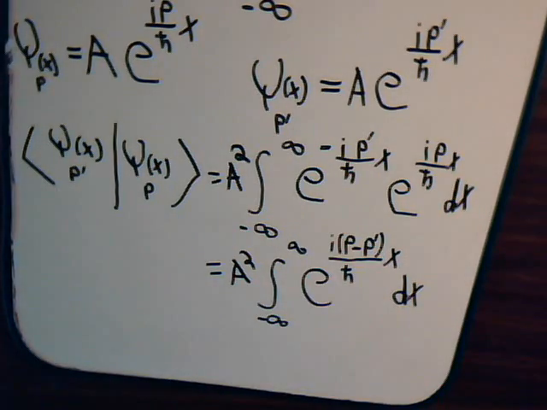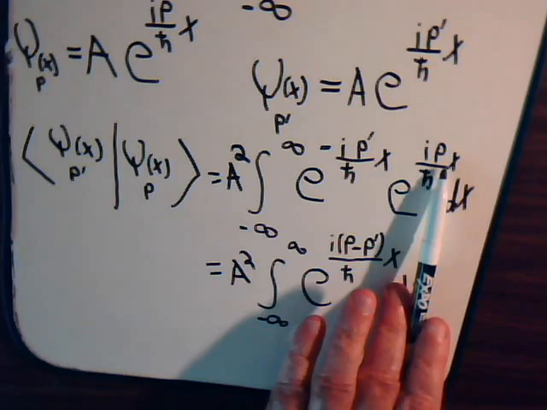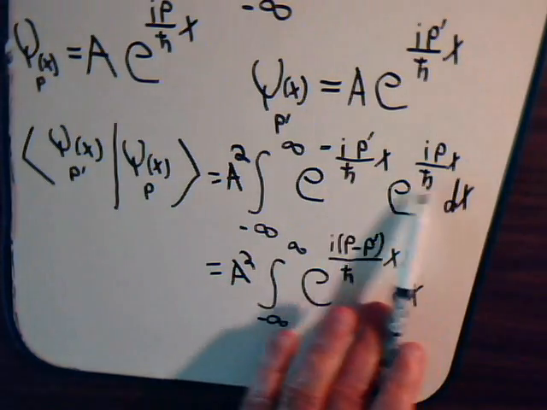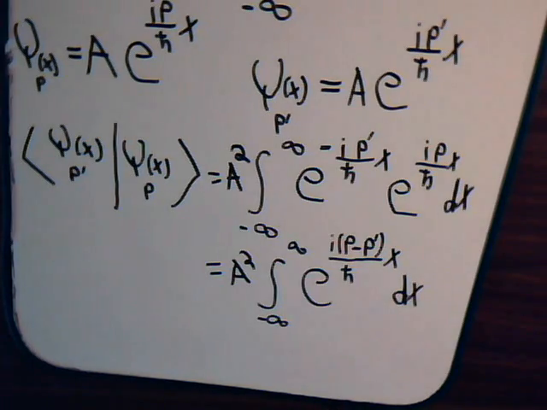Multiply these together, we just add the exponents, and we have p minus p prime, i x over h bar. Okay, so this is what the inner product of two momentum eigenfunctions is.